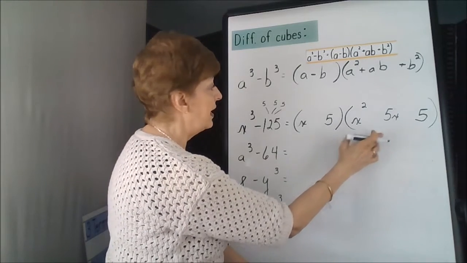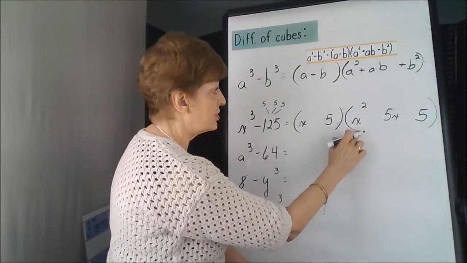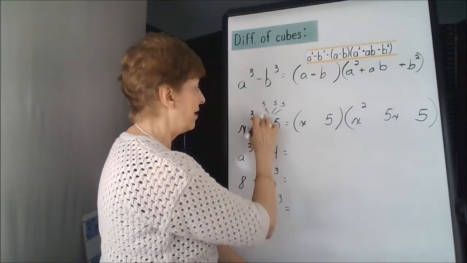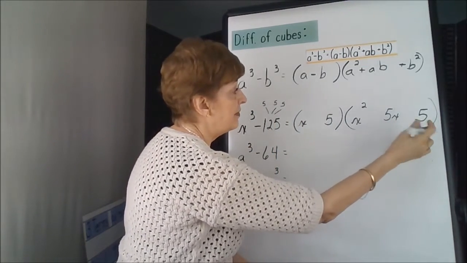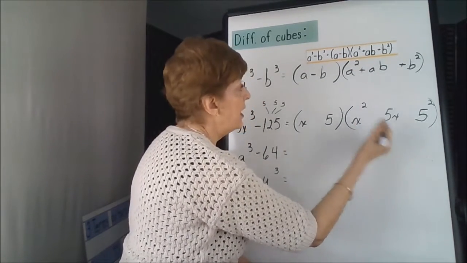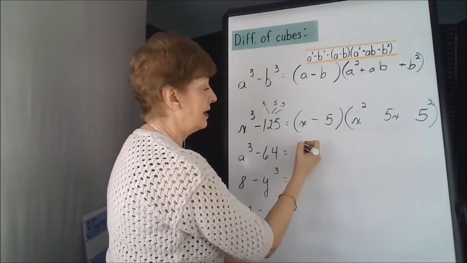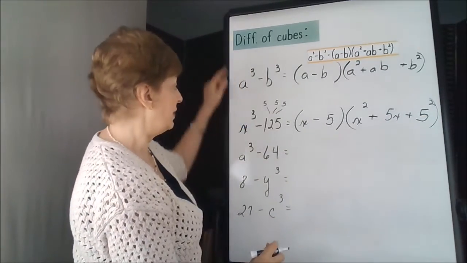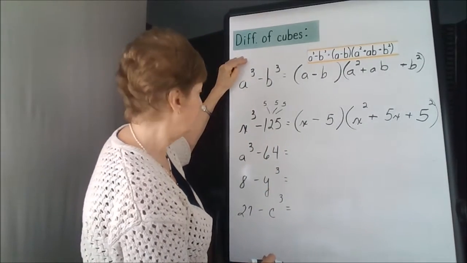All right, so we've got our x in the first position, our x squared here, and one of the x's goes into the middle. And then we have our 5, and then a 5 in the middle and a 5 on the end. This gets squared, A squared, B squared. This sign is the same as what we see. These are both positive. That would be the factoring of the difference of cubes.